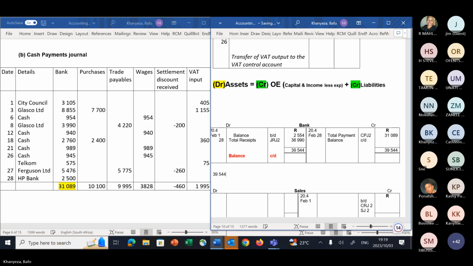Sometimes I call an amount but write a slightly different amount, because I'm talking while I'm writing, but the correct amount is in your study material. So it's 39544 minus 31089. Then from there, you're gonna get 8455, which is the balancing figure.